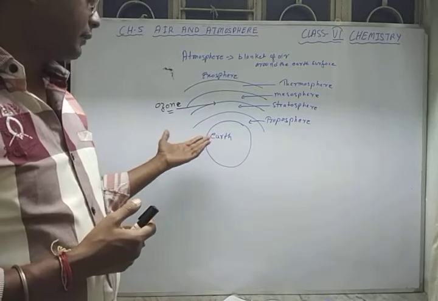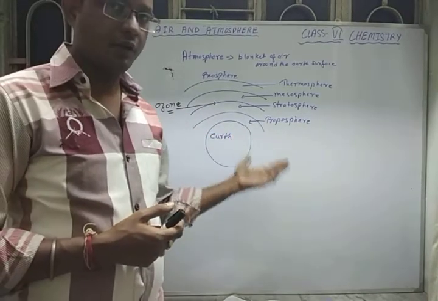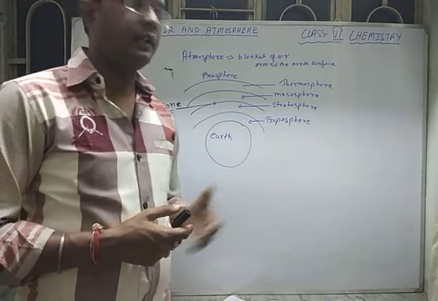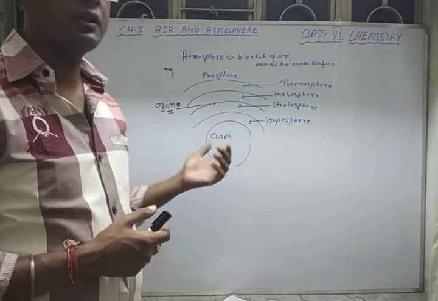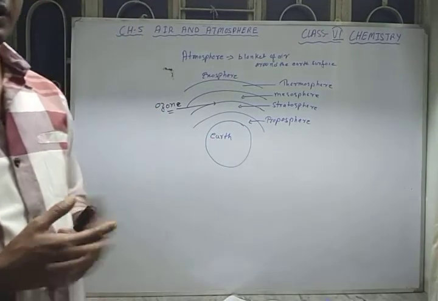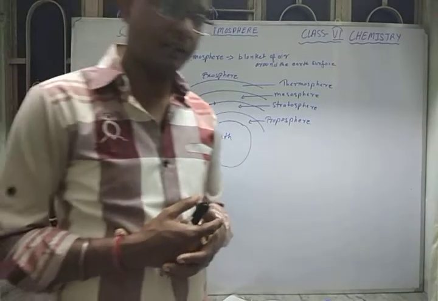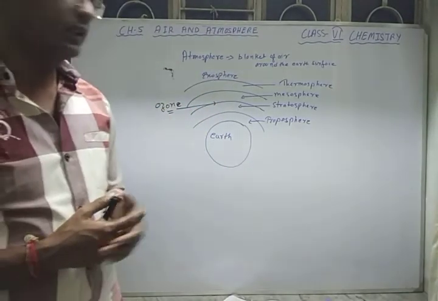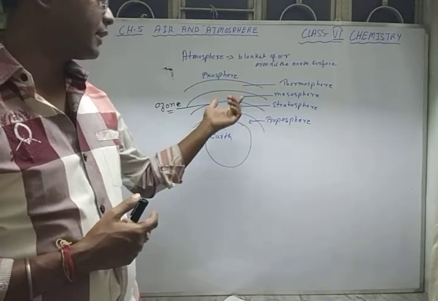It keeps our Earth at a moderate temperature, otherwise it would become very hot. And due to UV rays, so many diseases may occur, such as skin cancer. So it is another very important layer. It lies in the stratosphere.